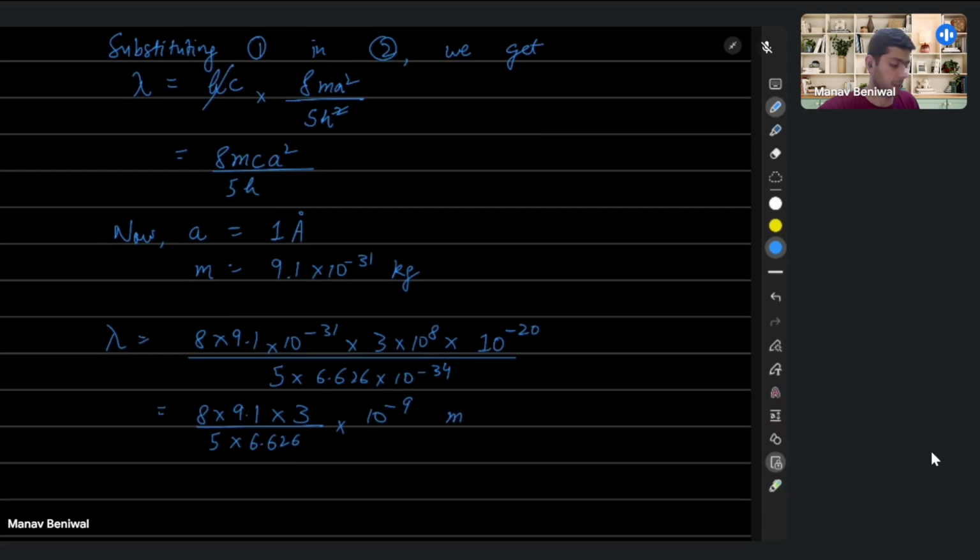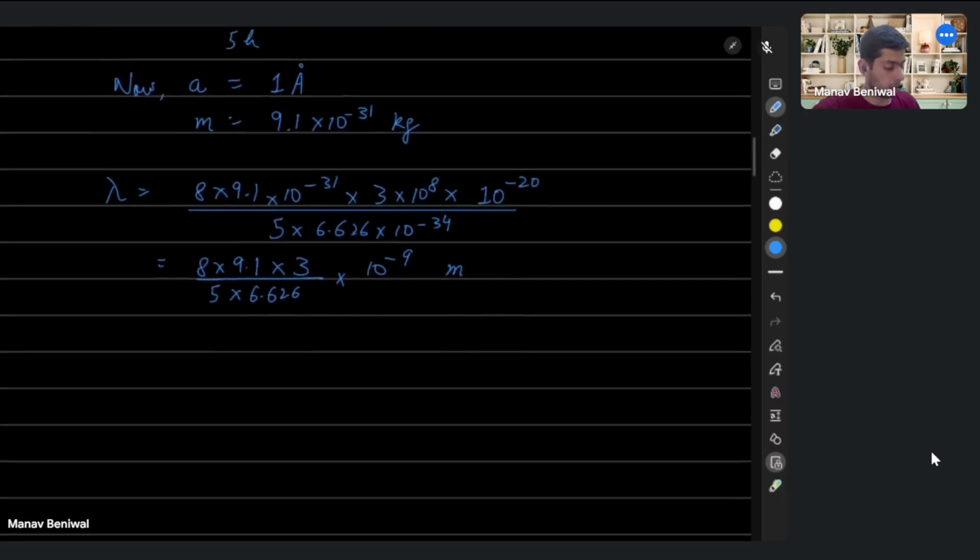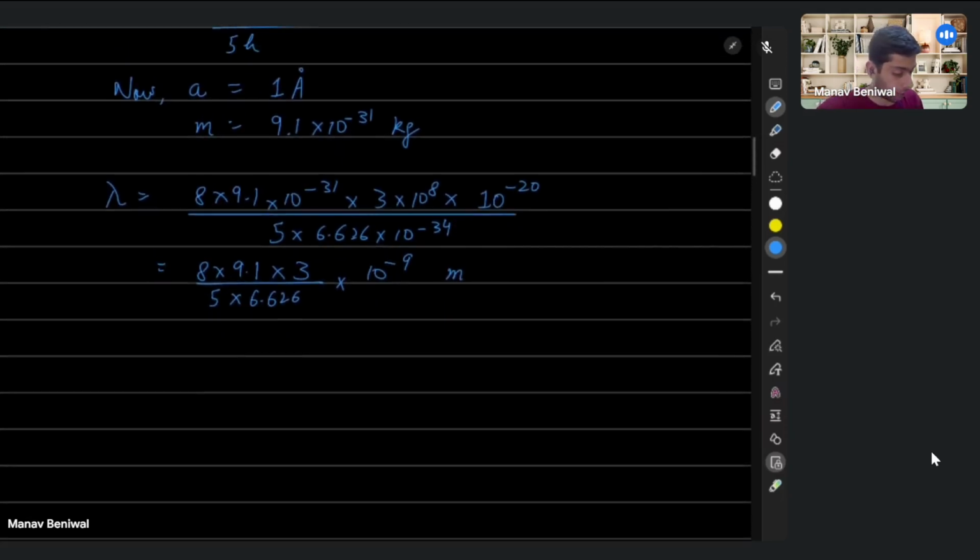Okay, so this is in meters. So finally, if we calculate, this comes out to be 6.5197 into 10 to the power minus 9 meter.